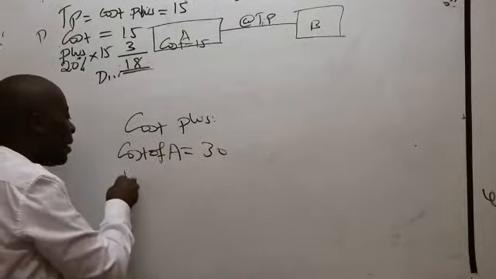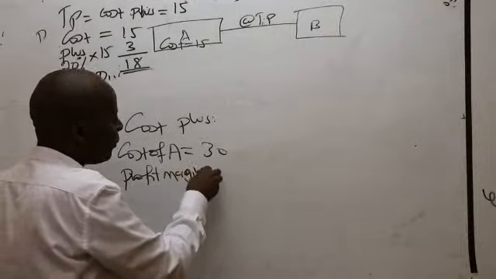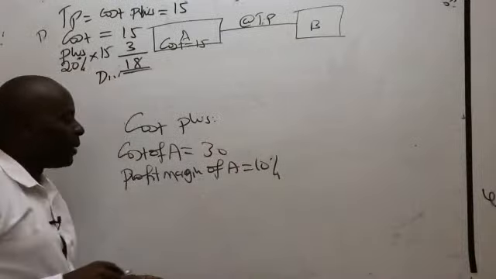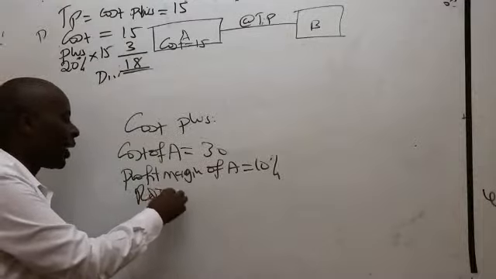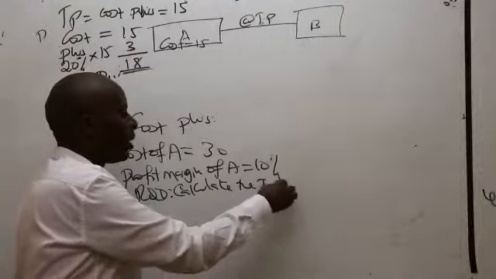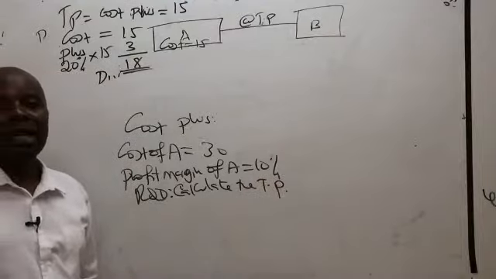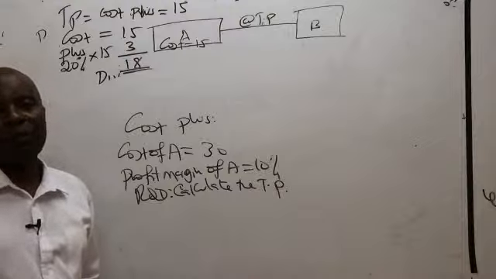And then they give you the profit margin. The profit margin of A is 10%. And then they require, calculate the transfer price.